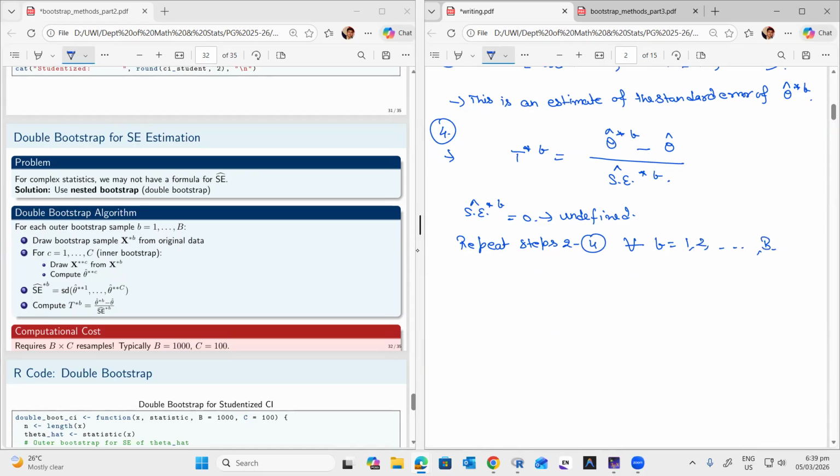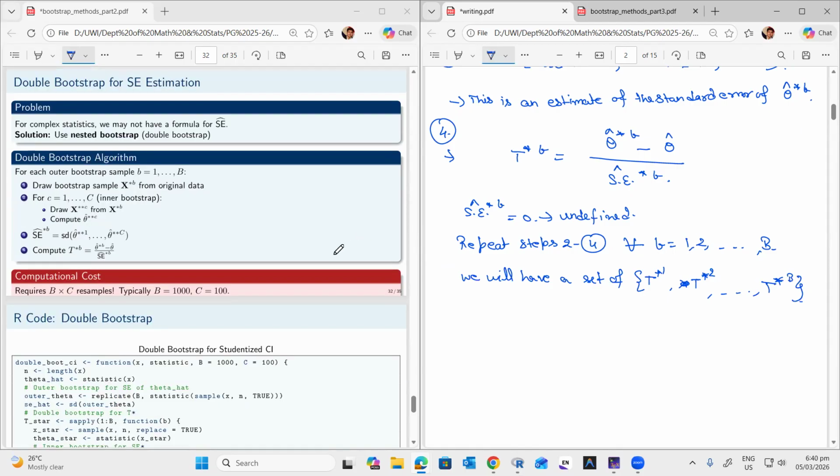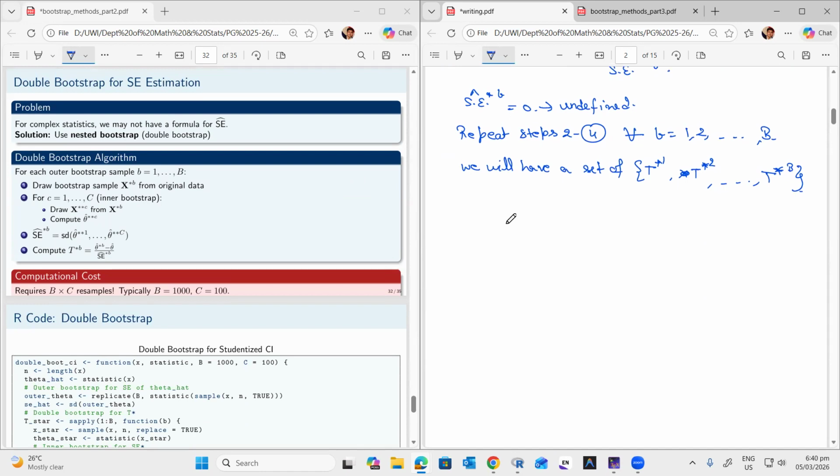After that we will have a set of T star 1, T star 2, up to T star B. Now we can compute the quantile of the bootstrap T distribution.